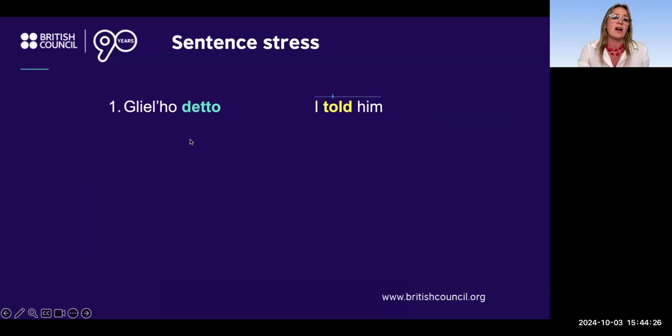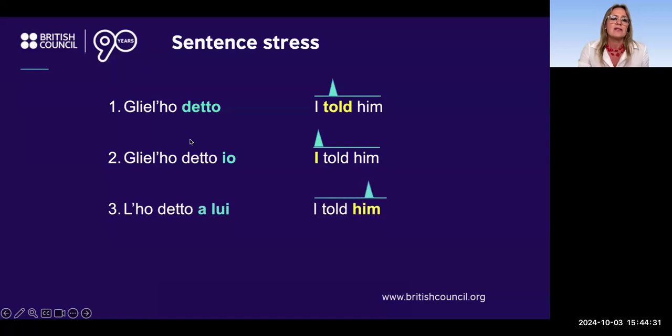And so what I normally do is make it very visible, using these roof-shaped lines or triangles, so it tends to stick more in the memory. So you make stress more visible to the eyes, not only to the ears.